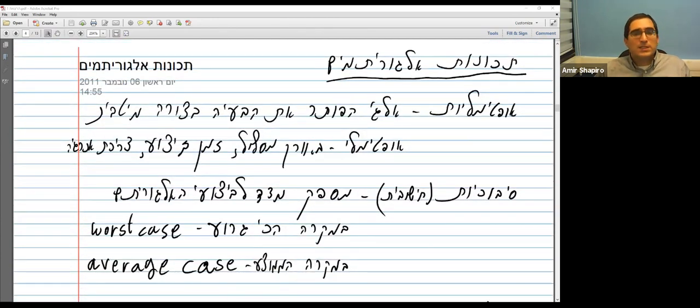So now let's start with the first part of the course, the motion planning part. In motion planning, we deal with algorithms that navigate the robot from one point to another. And those algorithms can have several properties that I want to talk about. First is optimality.